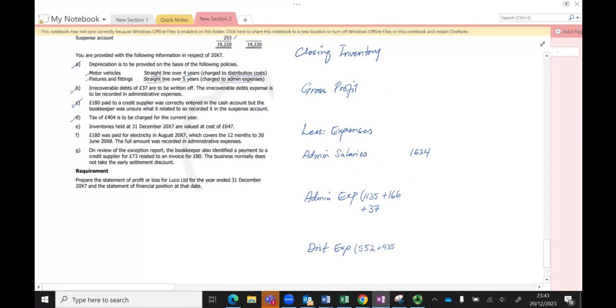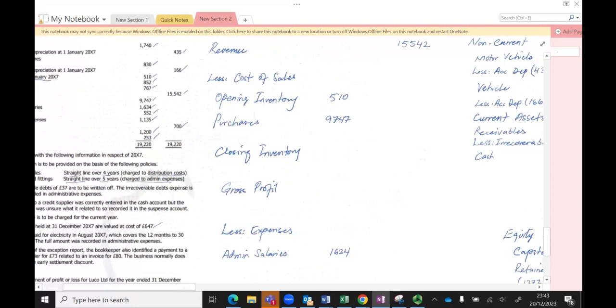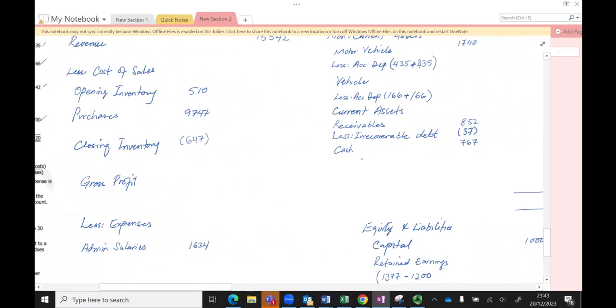Next note is inventory closing balance is 647. So let's record 647, and that needs to be recorded as a current asset.